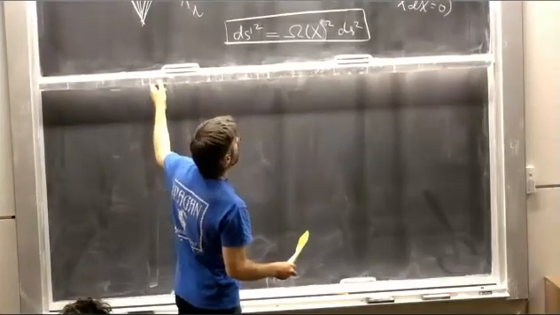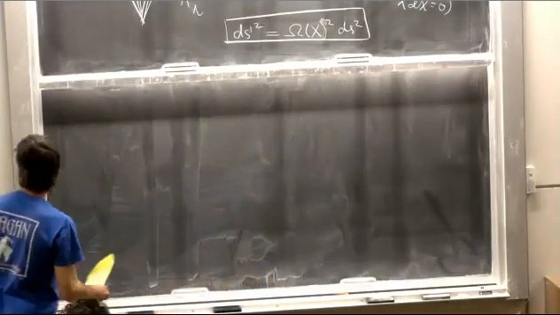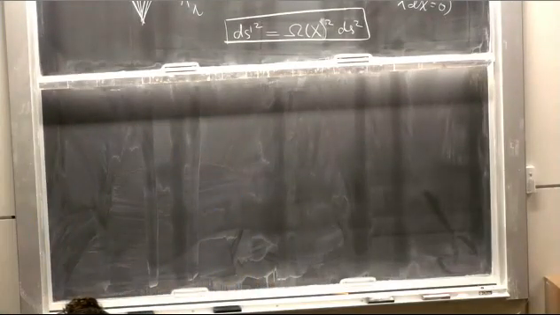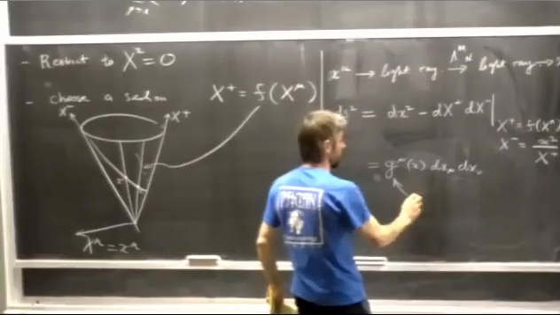So you can pick different sections, but the one section that I'm going to be interested in for the rest of this lecture is the section for which this metric g mu nu is a flat metric.